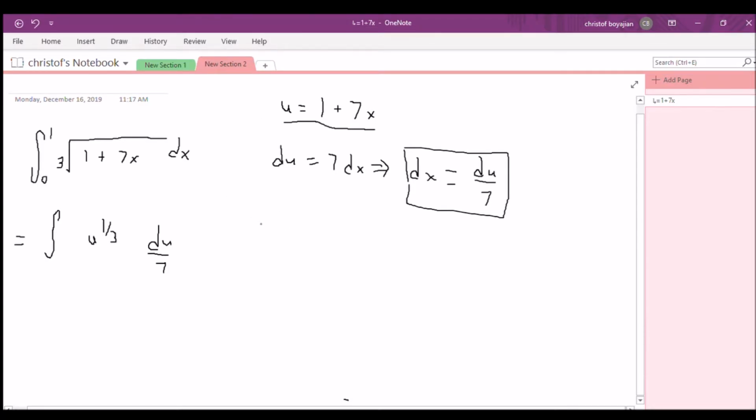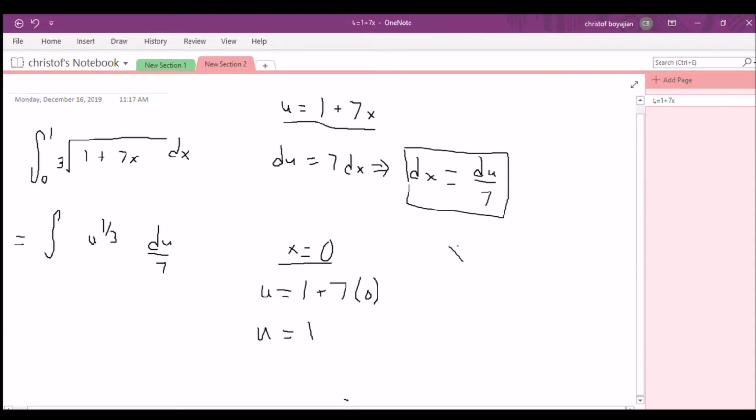So when we assume x is equal to 0, our lower limit right here, we'll have 1 plus 7 times 0. I just replaced x with 0. So the lower bound here is going to be 1.